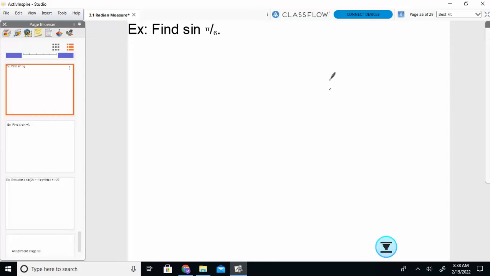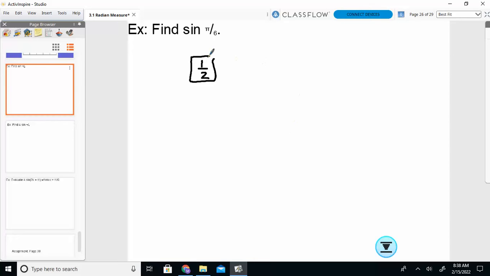I said pi over 6. So when I see pi over 6 in radians, that's like what degree measure? 30. So if we think about our hand trick, sine of 30 degrees is 1/2. So I can ask this answer in degrees or radians now.